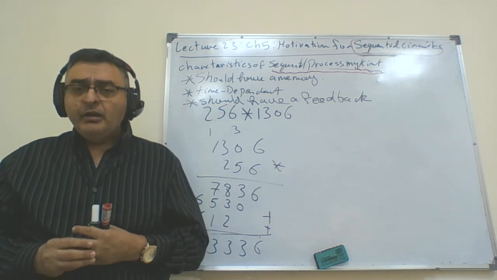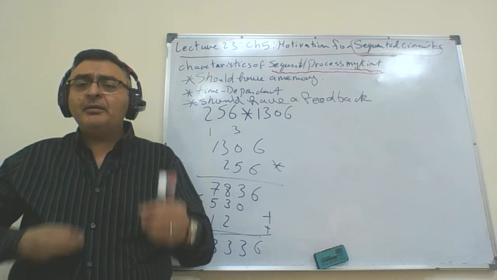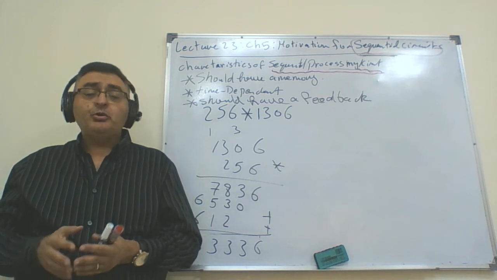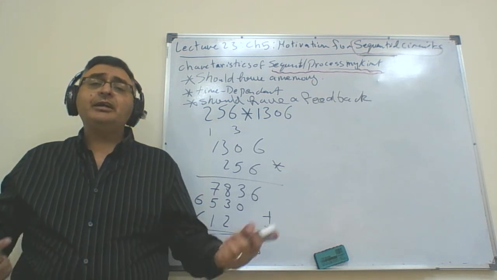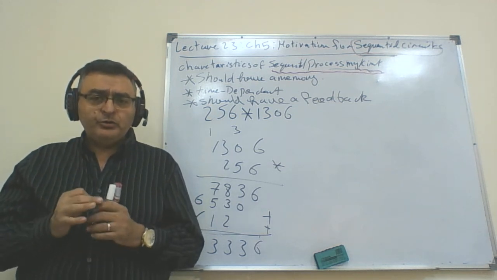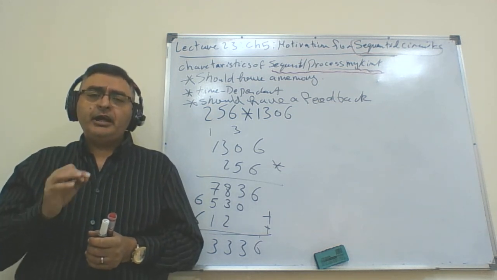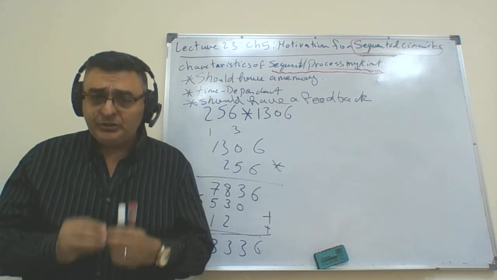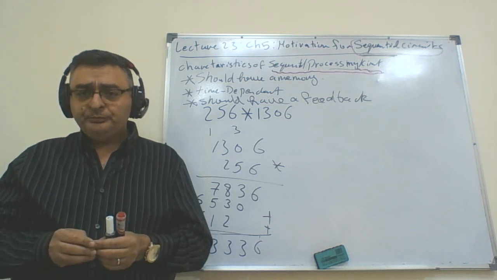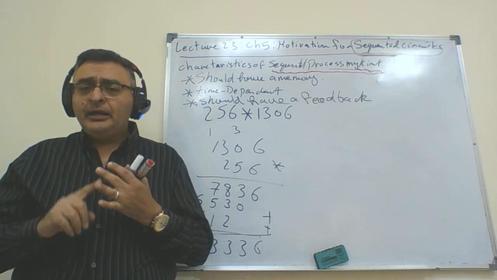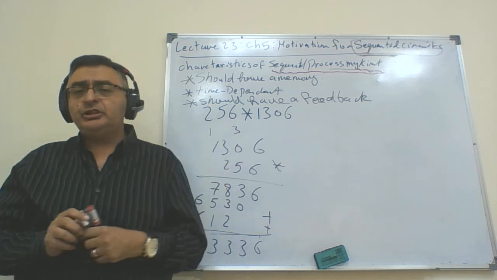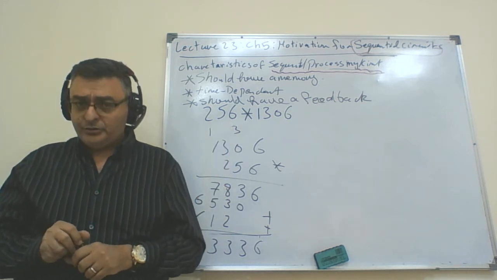Because this feedback and this time dependency make the system not that easy to understand, analyze, or design. However, through this chapter, we will demonstrate very simple steps to design and analyze the sequential circuits, the digital DLD sequential circuits.